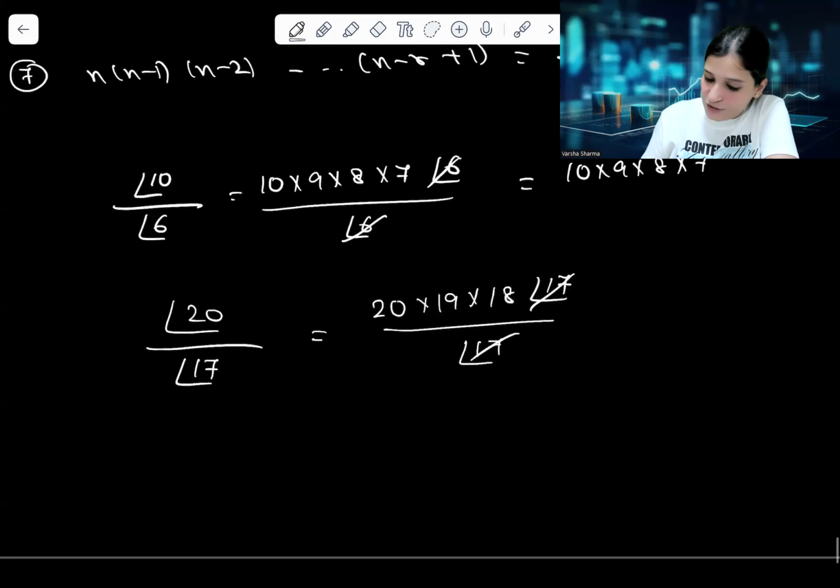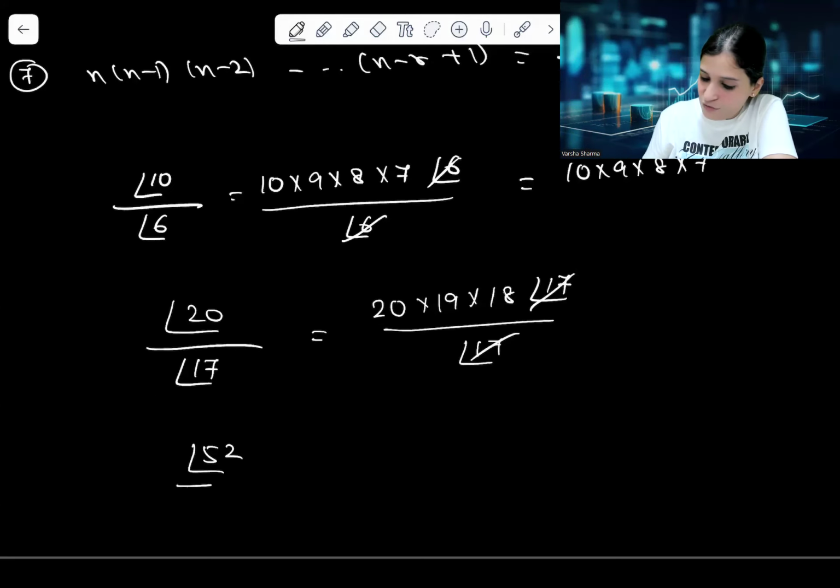So directly, can't you tell me factorial 52 upon factorial 48? I'll start opening the larger one, that is 52, and I'll stop where 48 gets cancelled. So what will be left is 52, 51, 50, 49, because 48 gets cancelled. So just a number larger.